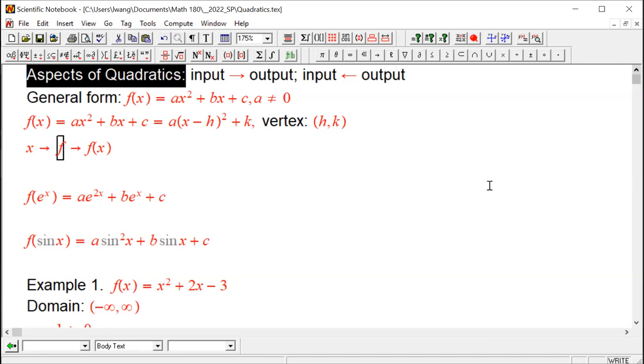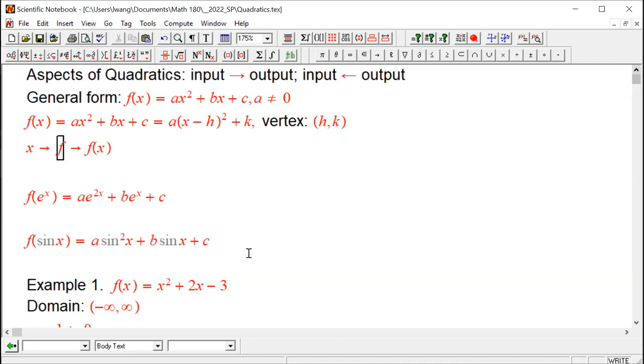And before I let you go, the question is, how could I tell from the function, without having to do the graph, just with some simple algebraic manipulation, whether the curve is crossing the x-axis or not? There's a way to tell.